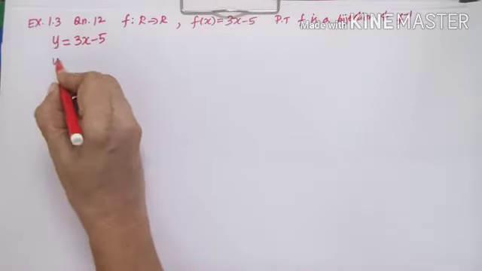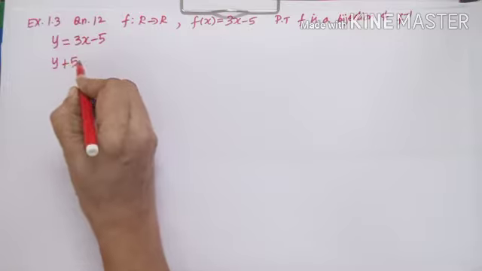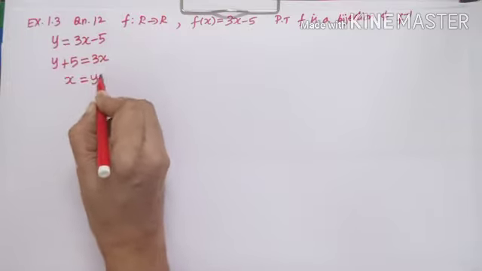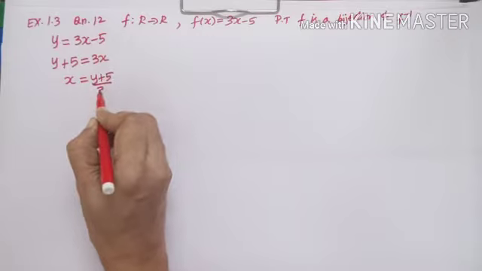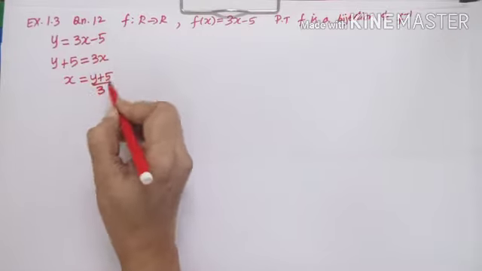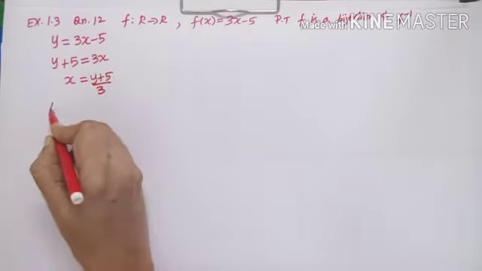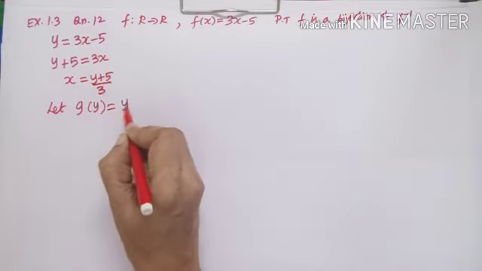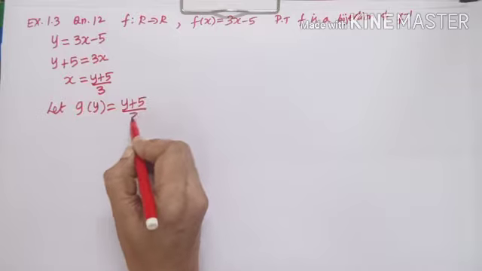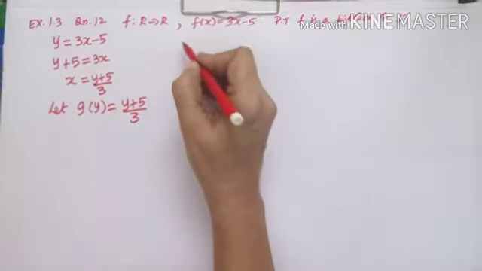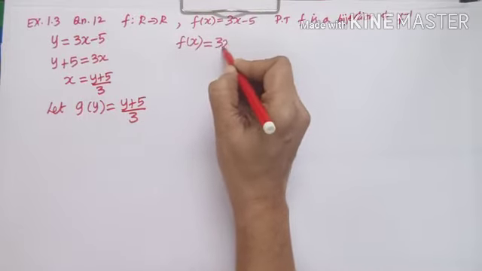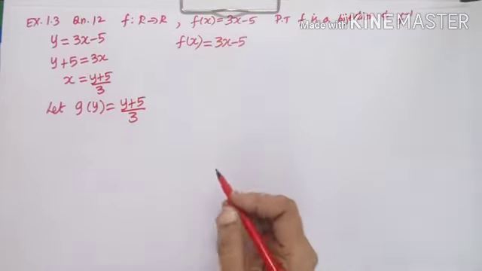So this will be y plus 5 equals 3x, or x equals (y+5)/3. Call this function g(y). Let g(y) = (y+5)/3. What is f(x) given to us? f(x) is equal to 3x minus 5.